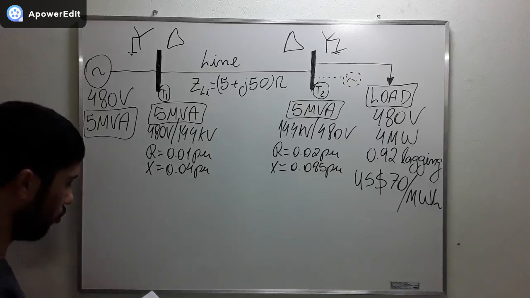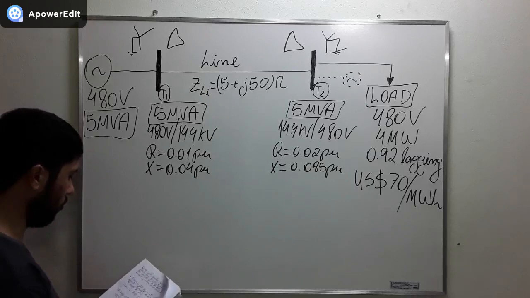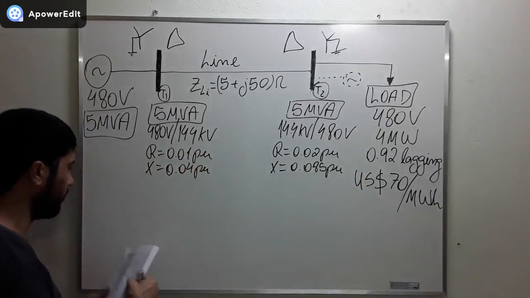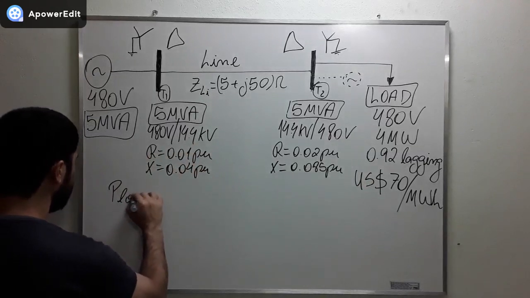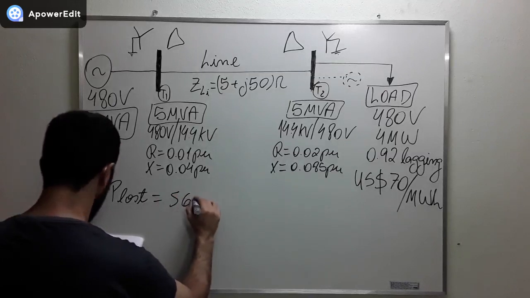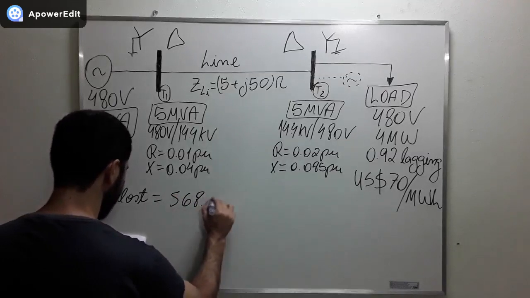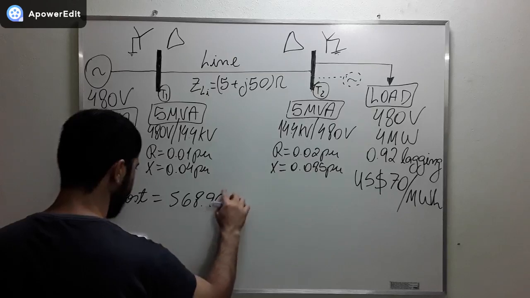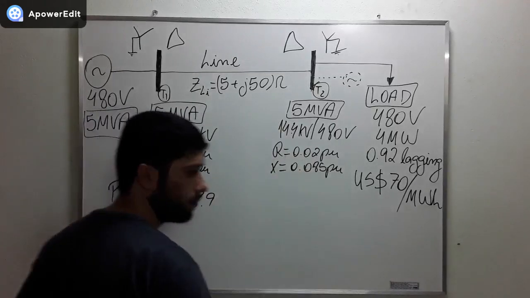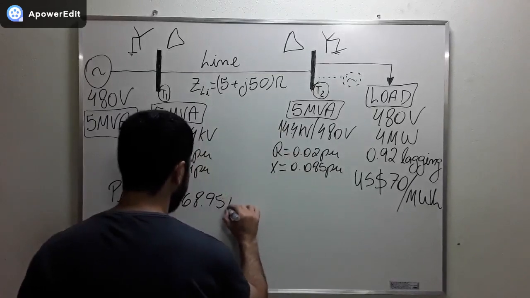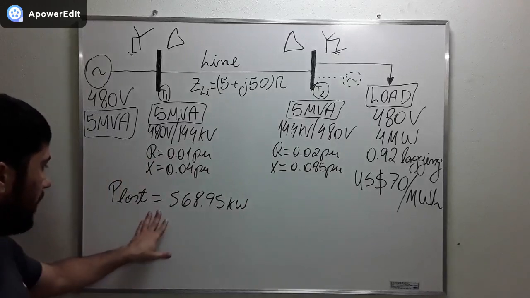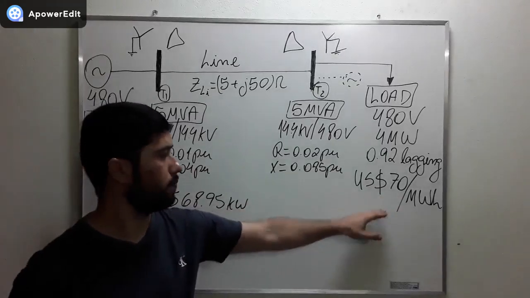What we need to do is to multiply the value that we found for the losses. We just found this number here. And how do we get from here to here?